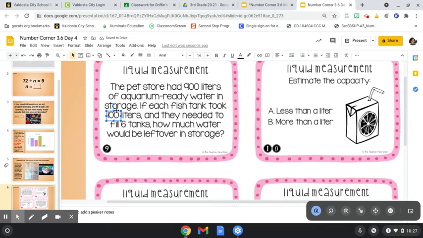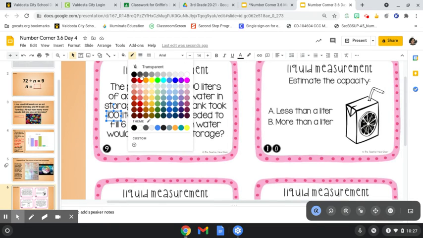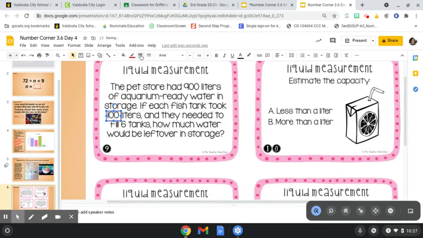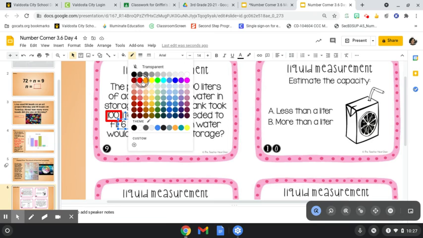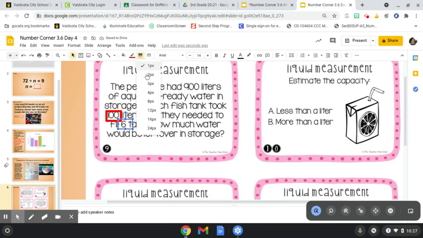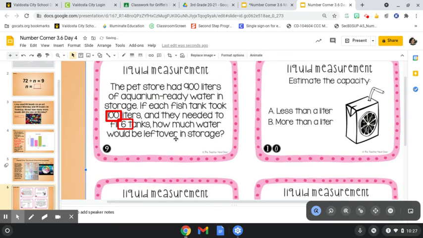Let's make it red and bold it, make it stand out so we can see it. And then we got 6 here. We won't make that line as thick.